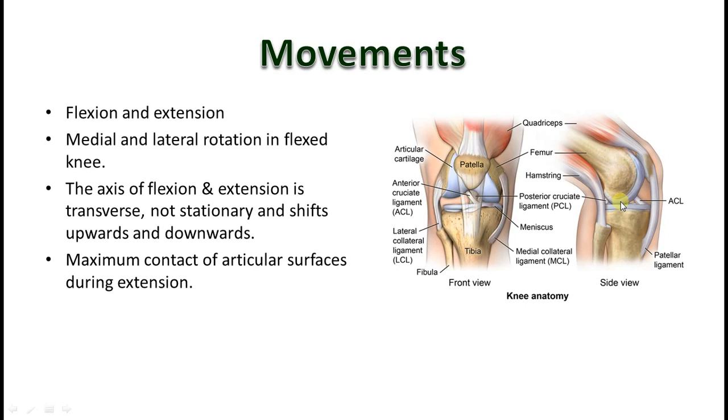Hyperextension is possible to some extent, which is only 10 degrees. The center of gravity usually passes slightly in front of the center of the knee joint. It is not exactly passing through the center of the knee joint, but slightly to the front.